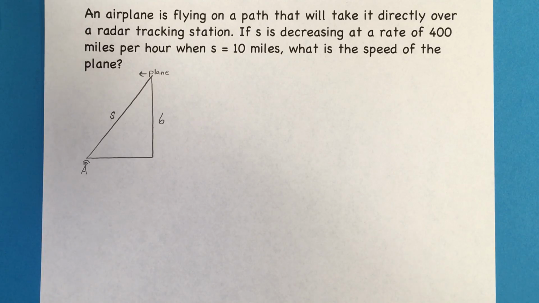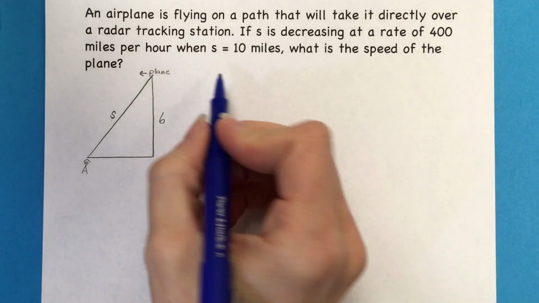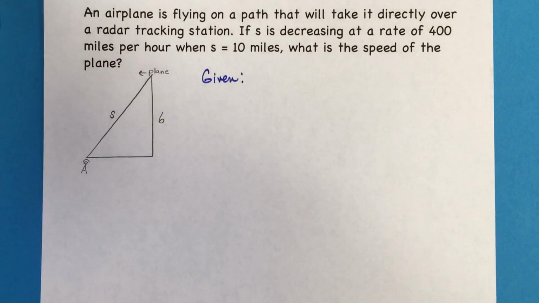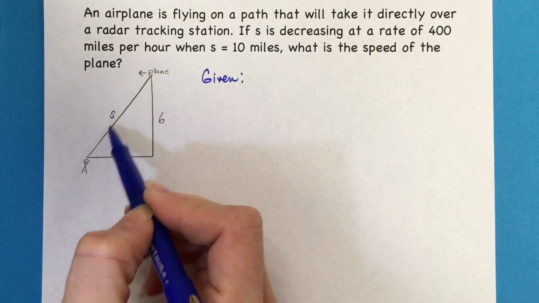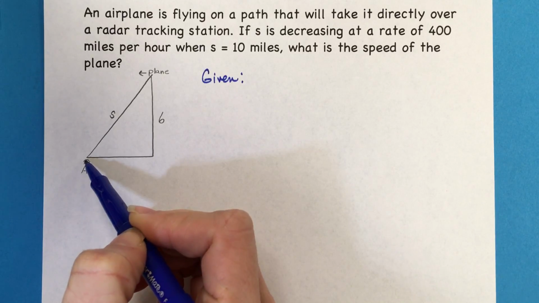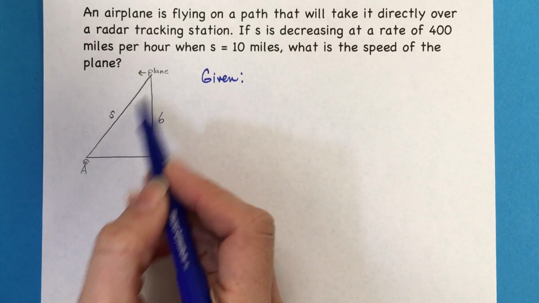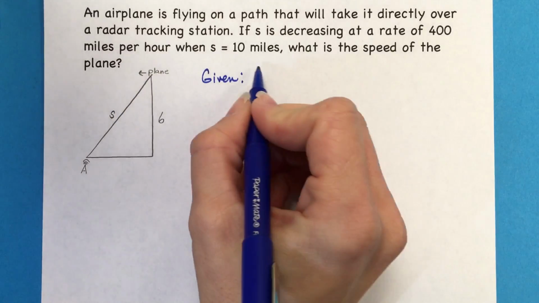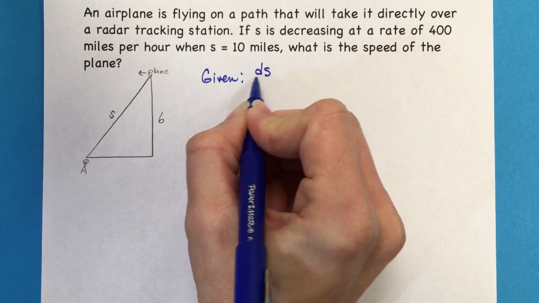Okay, so let's talk about, again, our given and our find. It says if S is decreasing at a rate of 400 miles per hour. So that means the distance from here to here is decreasing at 400 miles per hour as the plane comes here. So I'm going to refer to that as dS/dt.